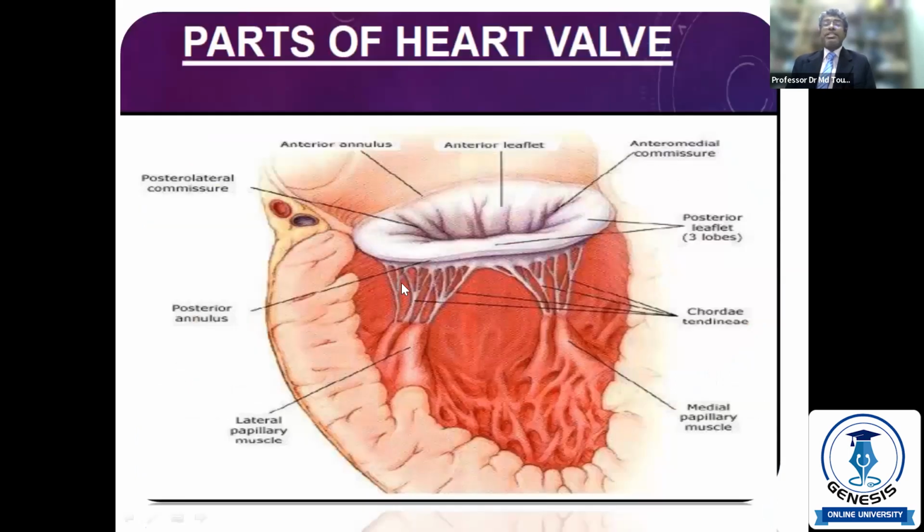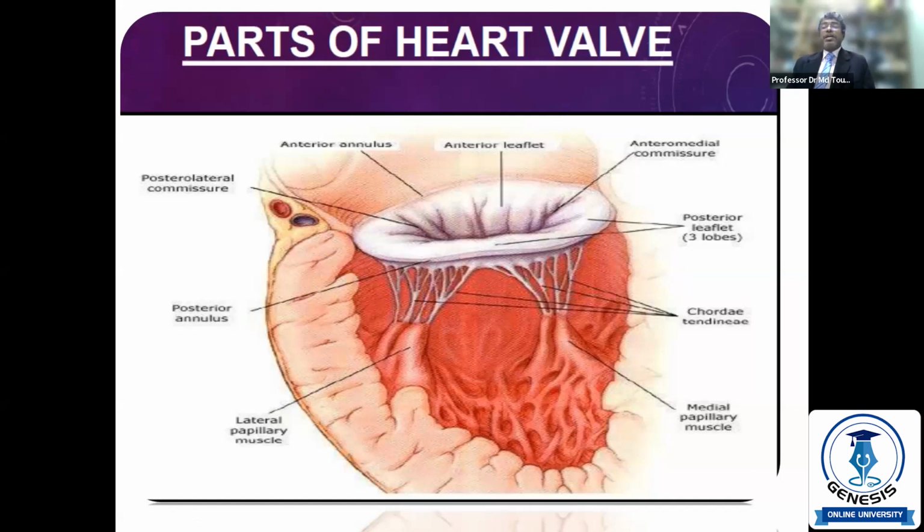So here is the structure of the mitral valve. This is the tricuspid or mitral valve. There are leaflets, the anterior and posterior leaflets. There are chordae tendineae and papillary muscles, and through the papillary muscles and chordae tendineae, valve leaflets are attached to the ventricular muscle wall.